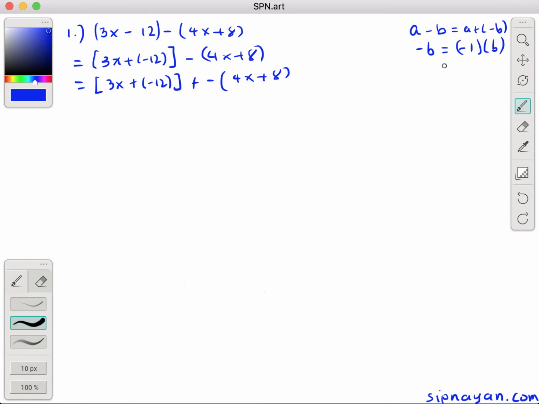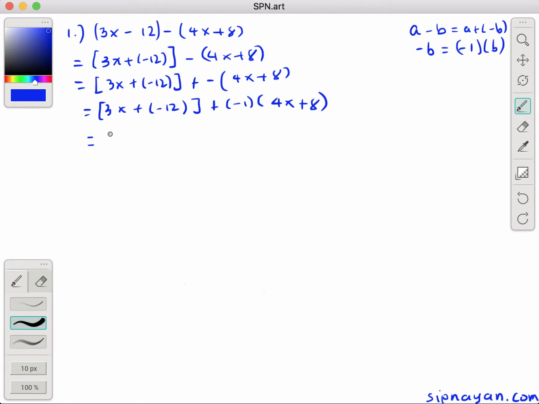And sabi natin, from the second property, negative b is negative 1 times b. So, 3x plus negative 12 plus negative 1 times ito yung b natin, 4x plus 8.